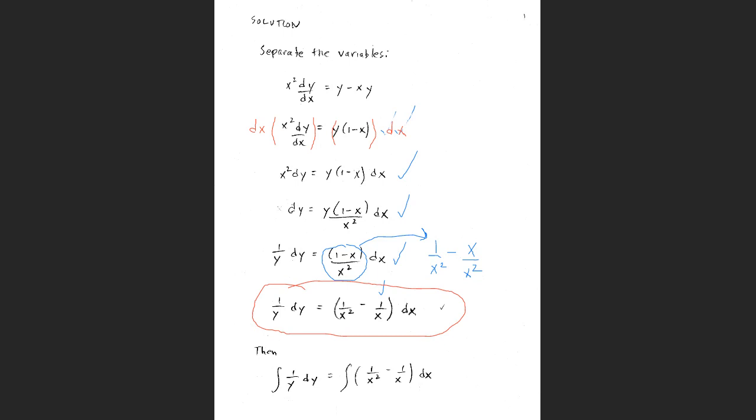Okay, well now that I've separated the variables, what do we do now? What are we going to do to both sides of the differential equation? Integrate both sides. Excellent. That's what we're going to do. Good, Matthew. Good, Christopher. So that gets me here.